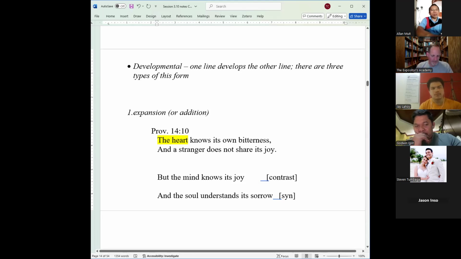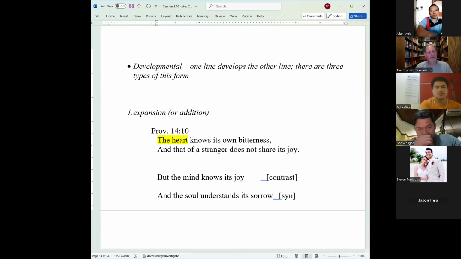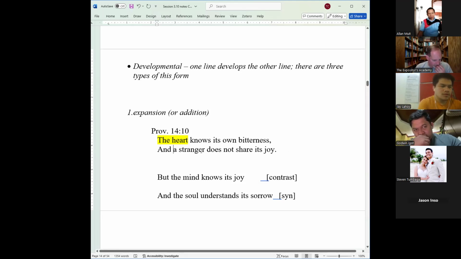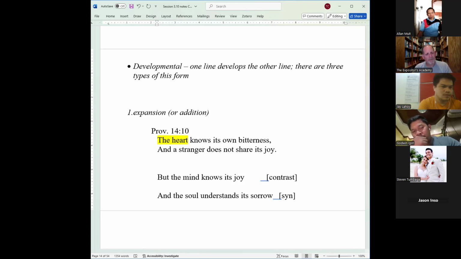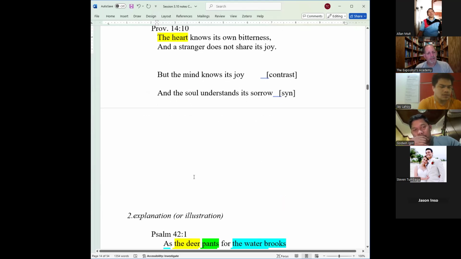If it had said, I don't know, "like that of a stranger," that would refer to the stranger's heart, but I don't think so in this case, because it would have to be like "stranger's heart." So that would be too much of a difference. That's a good question, but I don't see that it's doing that. All right. Okay.